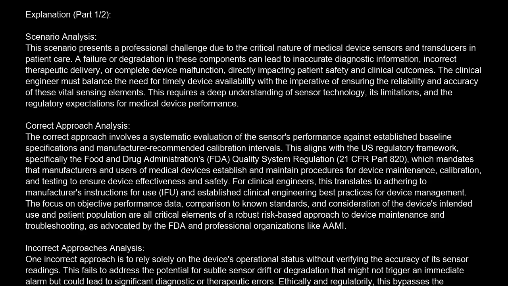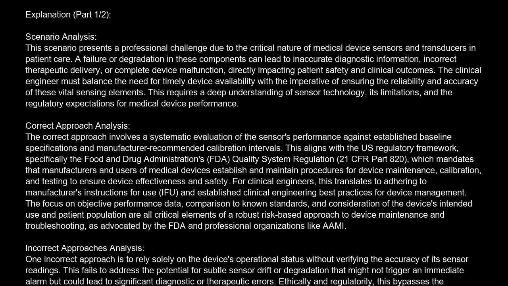For clinical engineers, this translates to adhering to manufacturers' instructions for use, IFU, and established clinical engineering best practices for device management. The focus on objective performance data, comparison to known standards, and consideration of the device's intended use and patient population are all critical elements of a robust risk-based approach to device maintenance and troubleshooting, as advocated by the FDA and professional organizations like AAMI.